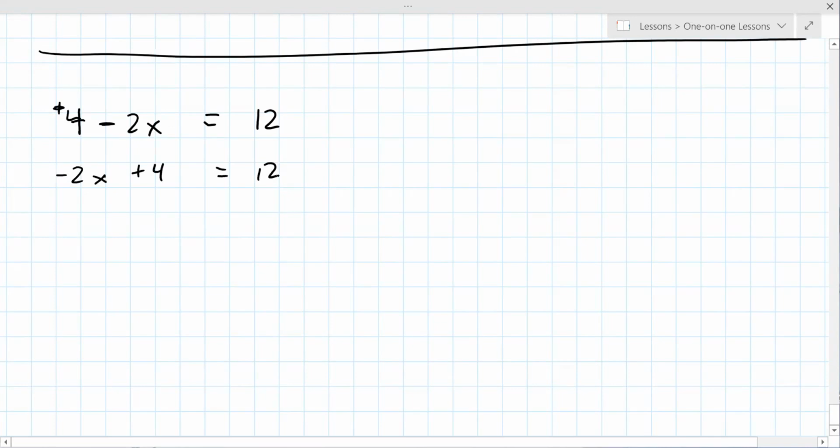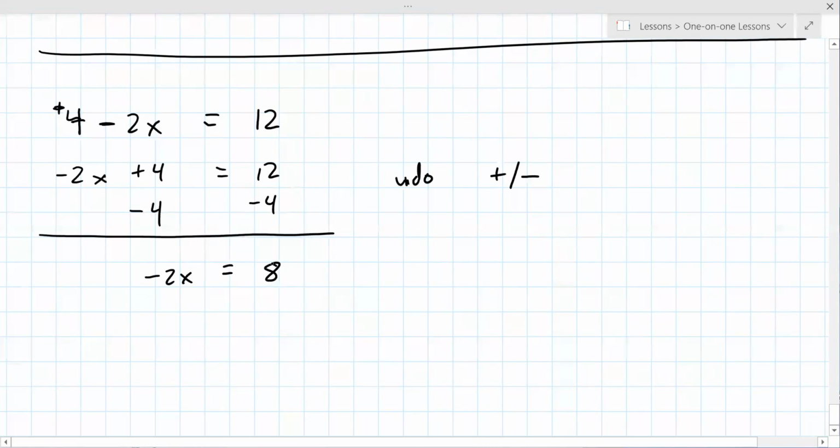So from here, you still undo addition and subtraction first. And this is the addition, the plus 4. So -4 on both sides. Okay, and then what do you divide both sides by now to get x by itself?